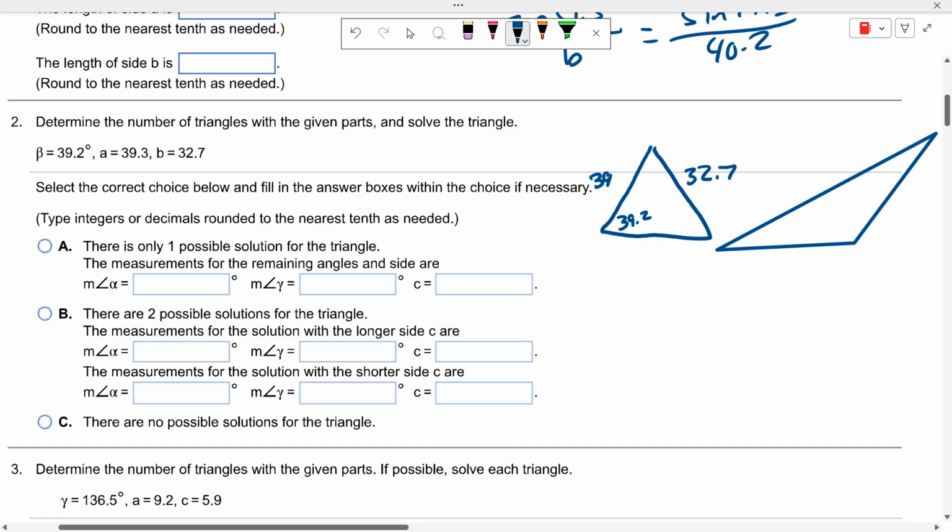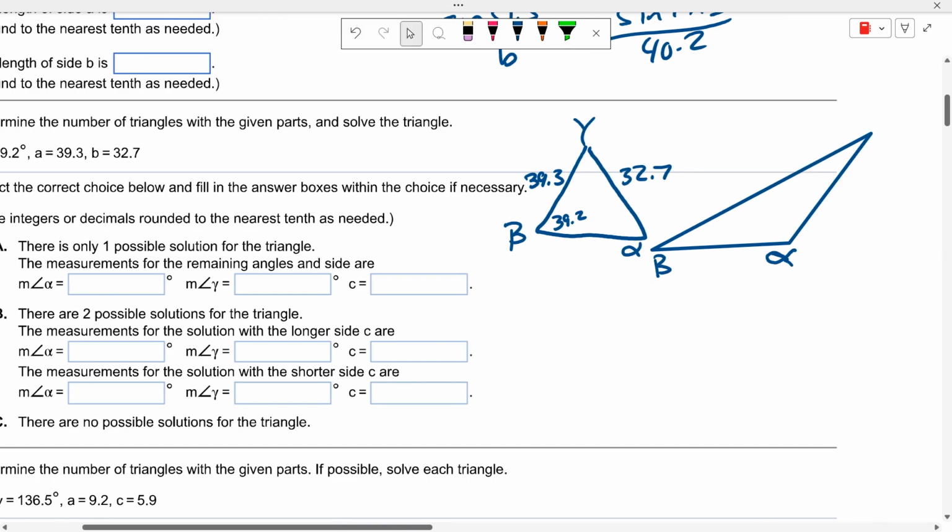A is 39.3. So this would be B, this would be alpha, this would be gamma. So then put them in the same spots in this triangle. 32.7, 39.3, 39.2.